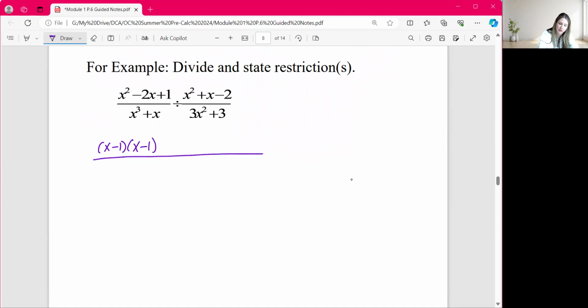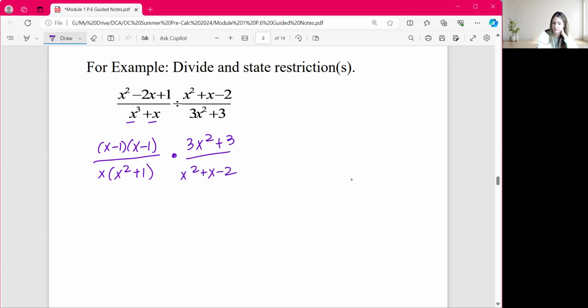Let's write 1 over, I'm going to take out a GCF here of x. Take an x out of x, you'll be left with 1. I'm going to flip this second fraction. So actually, let me write this separate for now. So now I'm going to multiply by 3x squared plus 3 over x squared plus x minus 2.